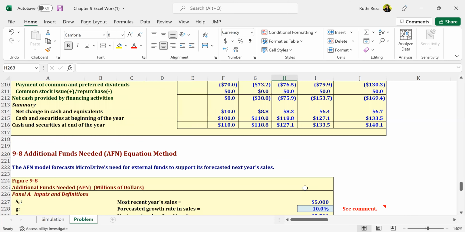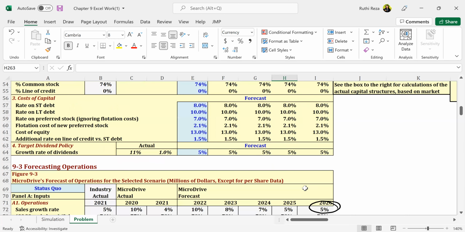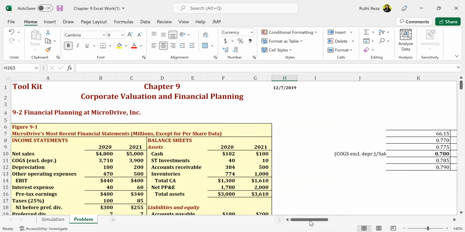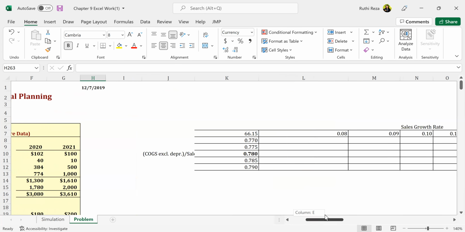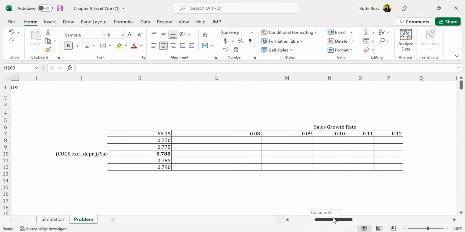All right, now we are going to find the sensitivity of our net income to two different factors. One is sales growth rate, another one is our cost of goods sold as percentage of sales.